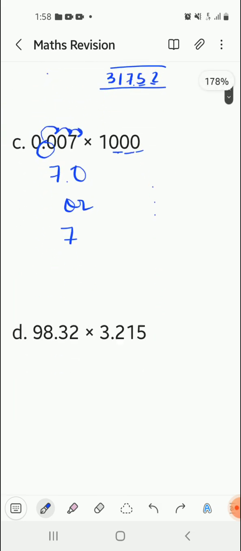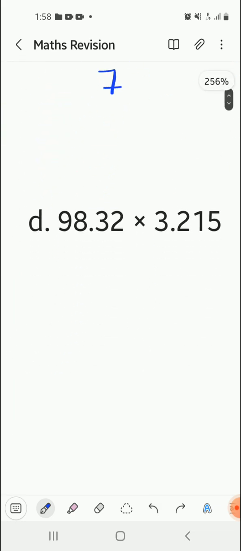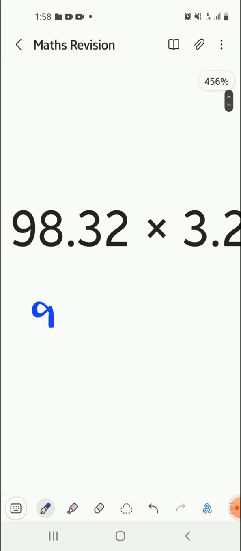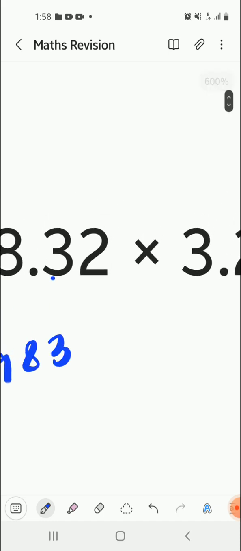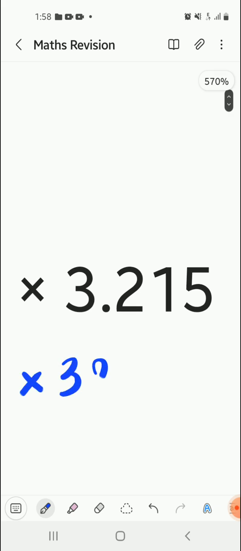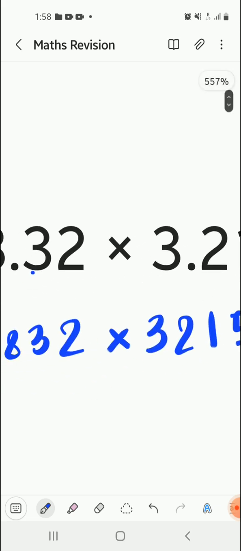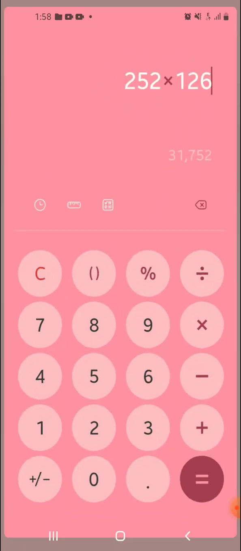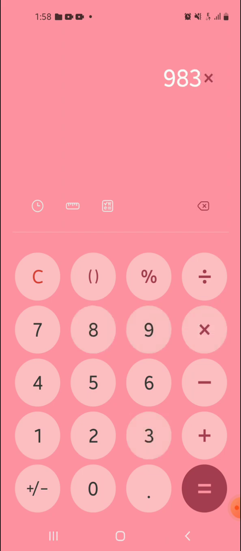We have got 98.32 into 3.215. So simply multiply these two numbers without considering the decimal point, the first step. So if we multiply 9832 and 3215, the answer that we get is, let's multiply. You know how to multiply, so I'll better do it here.